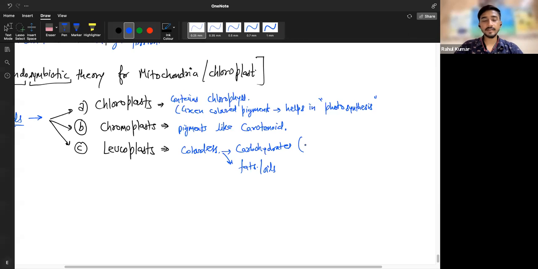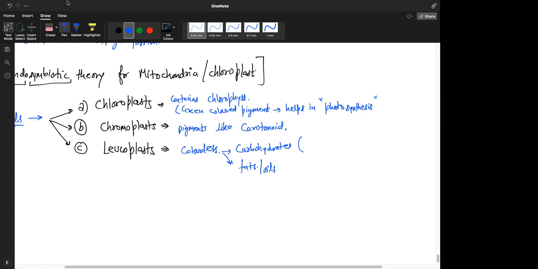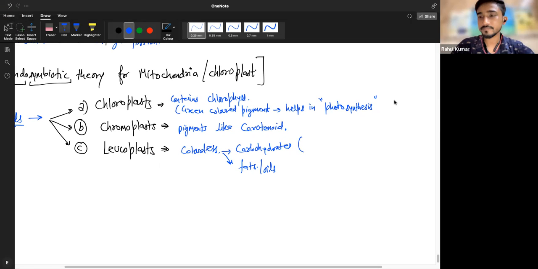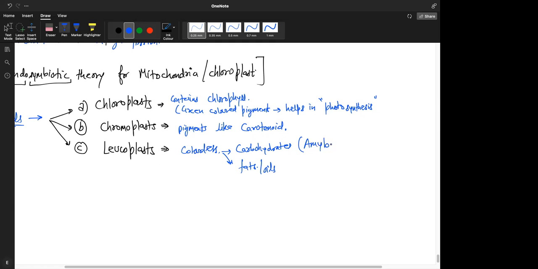So if it contains carbohydrate, what will be the name of this plast? Amyloplast. Perfect. Eram, was it Eram, right? Yes. You're already good at it.